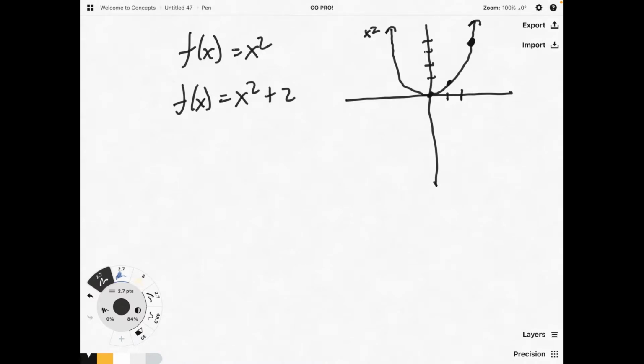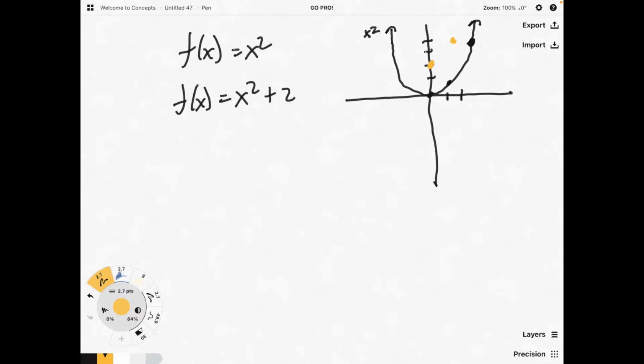If we look at x squared plus 2, we can do the same thing. We plug in our point 0, and that's going to give us 0 plus 2, so this is where this graph is going to start. If we plug in a value of 1, then we're going to get 3 instead of 1, so up 1, 2, 3, and that's going to be right here.